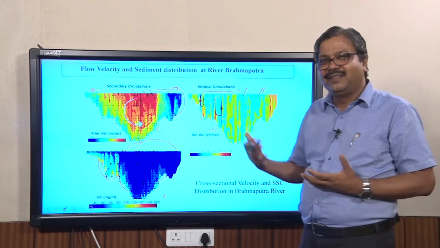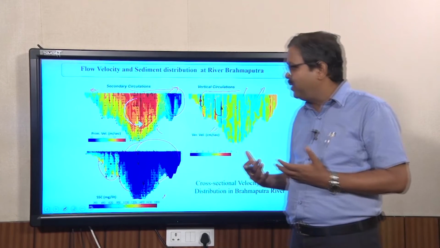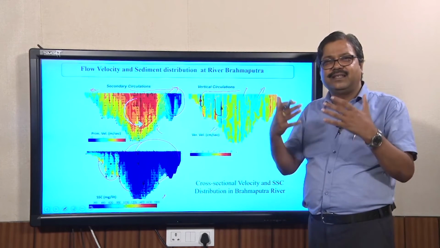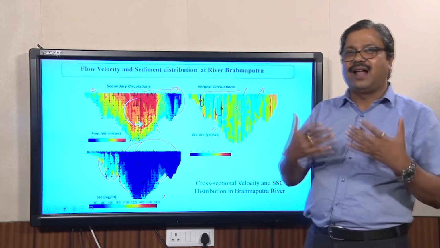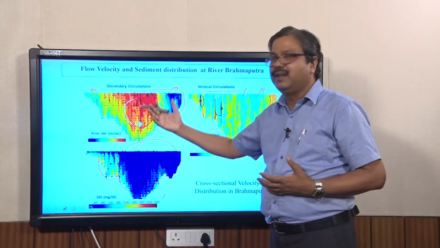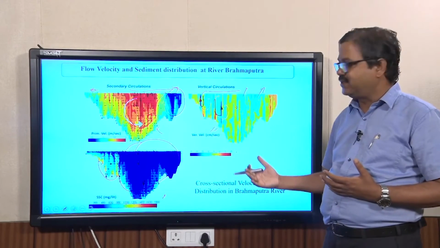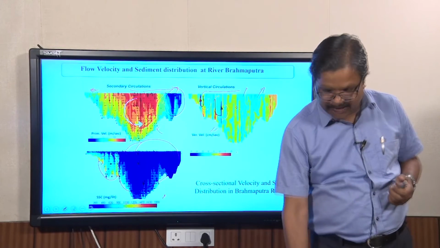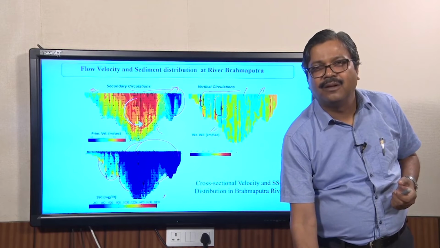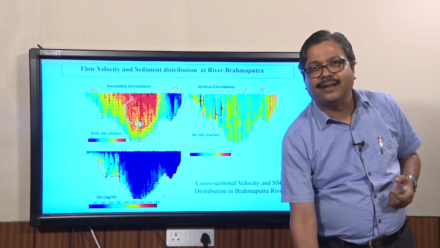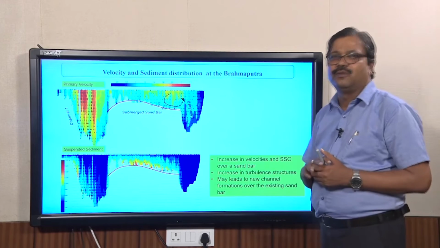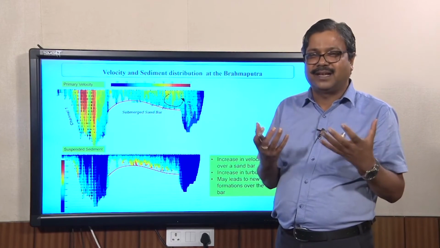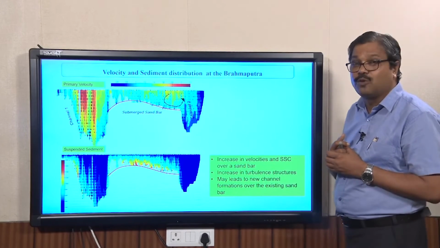Nobody in the world has these data sets. So there is variability in sediment concentration, formation of secondary currents, and variability in the primary velocity, vertical velocity, and suspended sediment. That's the reason the river is complex, and we try to understand the river from a mathematical point of view, a physical concept point of view, and also by conducting river scale experiments, and that's the strength of the work.